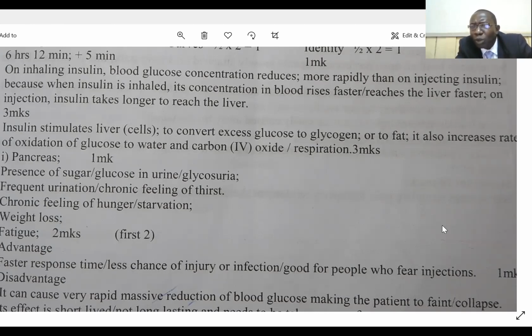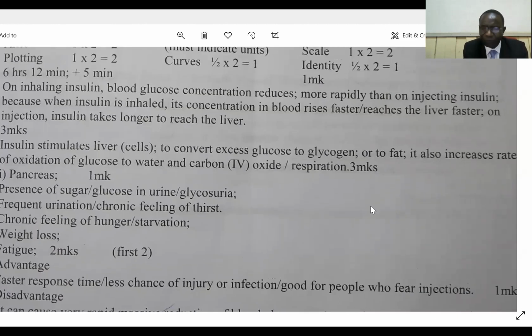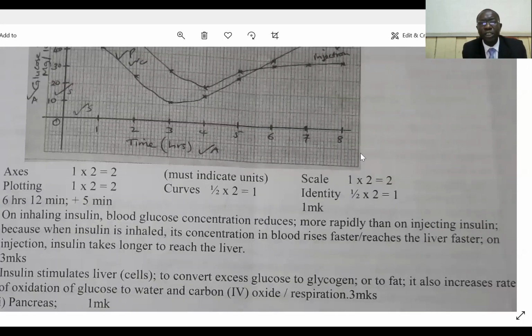Are you now able to compare the rate of reduction? Check when it is injected. When it is injected, it reduces from 100 to 68. You have the table. When it is inhaled, it reduces from 100 to 42.